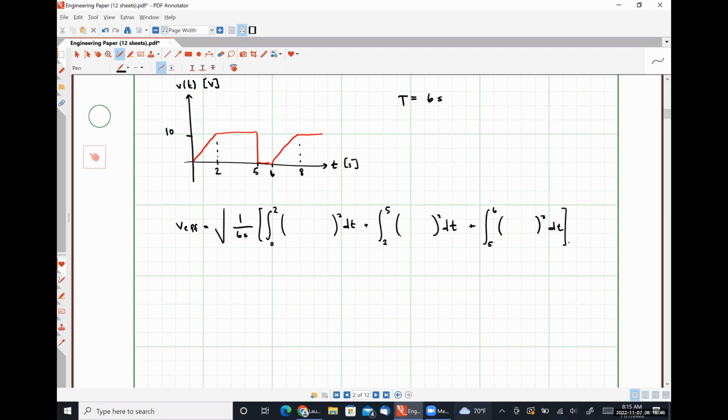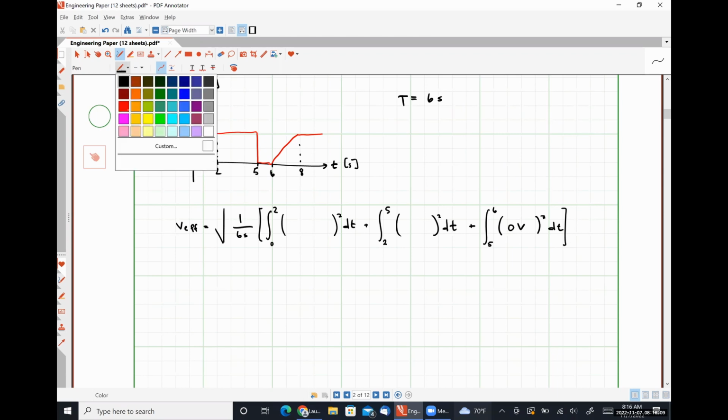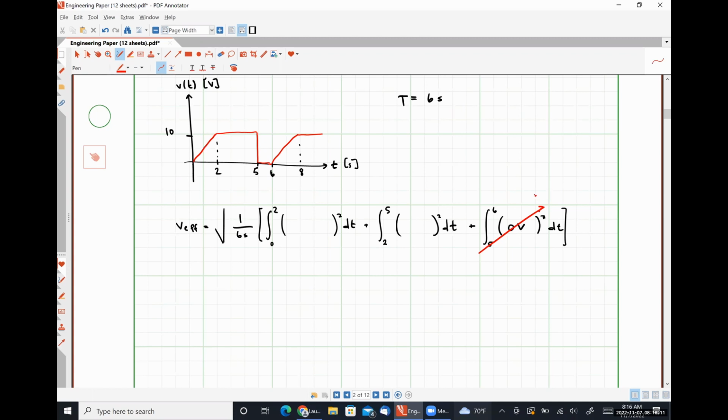And now I'm integrating over the entire period of the function. So anytime we have a piecewise function, we need to make sure that we break our integral up into parts that constitute one full period of the waveform. So now let's fill in some stuff here. So over the interval from 5 to 6, what's the value of our voltage? 0. So obviously, this bit isn't going to actually contribute anything. What about from the interval 2 to 5?